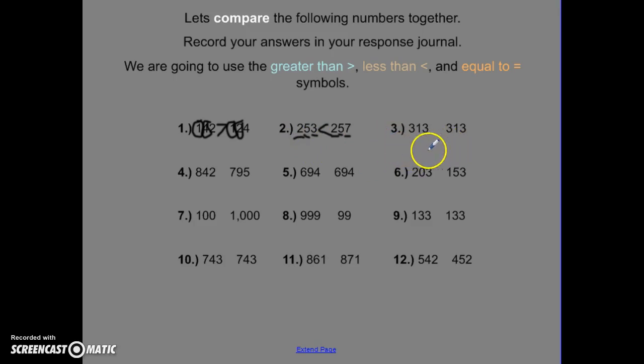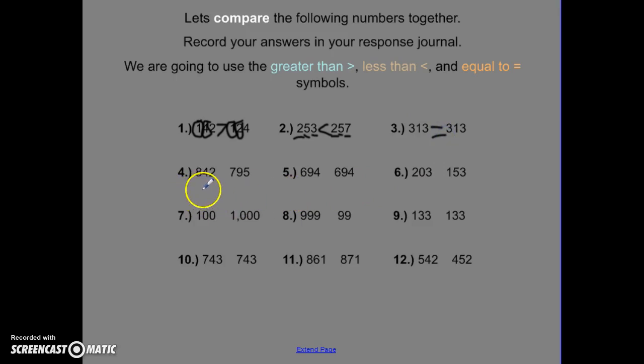In number 3, I have 313 and 313. Right away I notice that every number in the 313 is the same. So right away I know that these are equal or the same value.